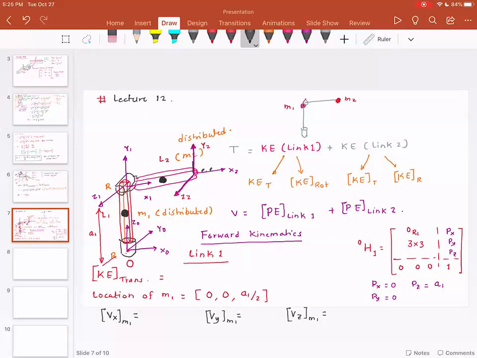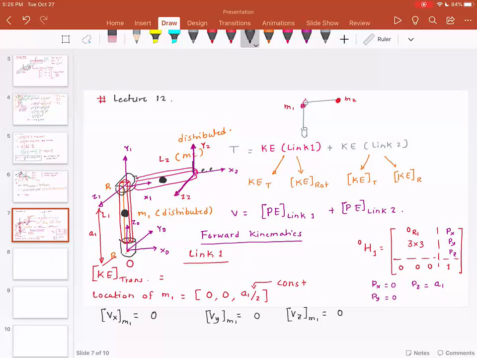But please understand, a1 by 2 is a constant. So when I take the derivative, velocity x of mass m1 is 0, velocity y of m1 is 0. Since a1 is a constant, the derivative of a constant is 0. So I have all three velocities at 0.